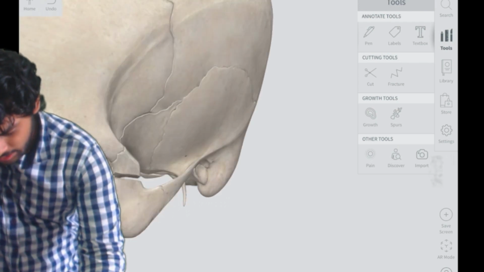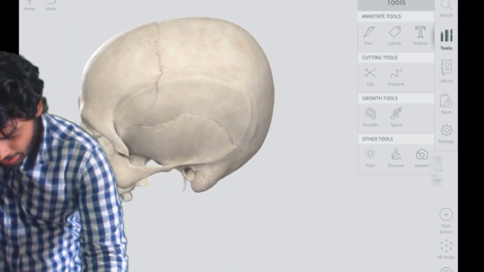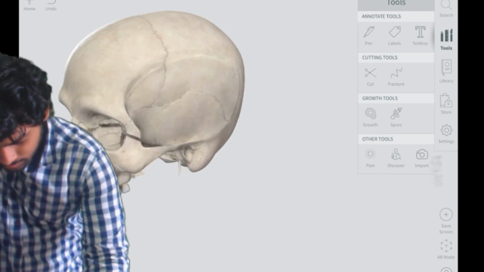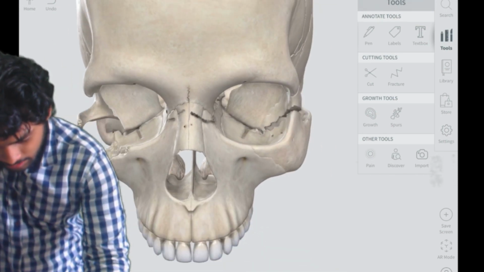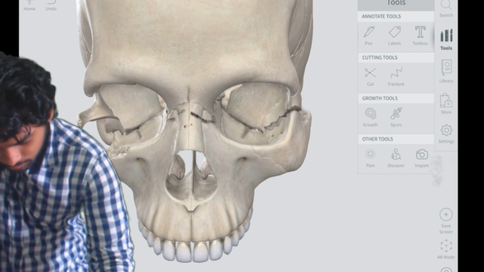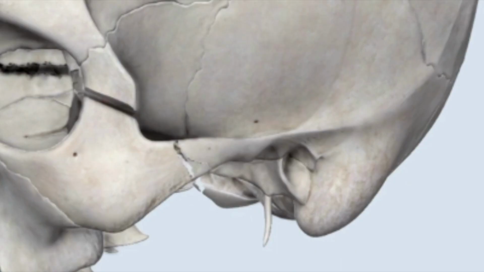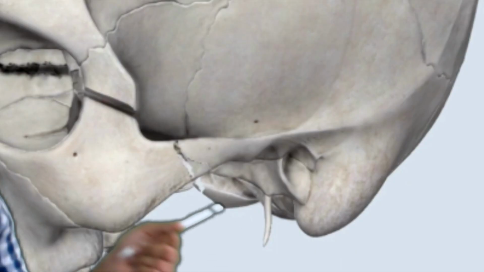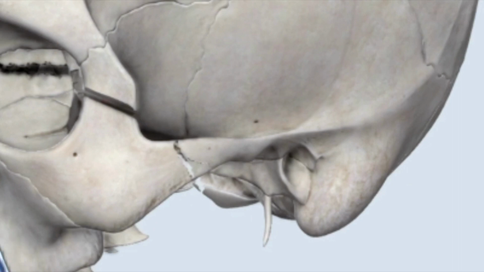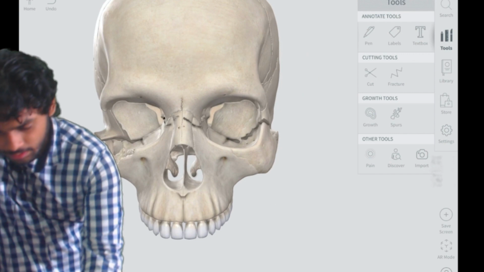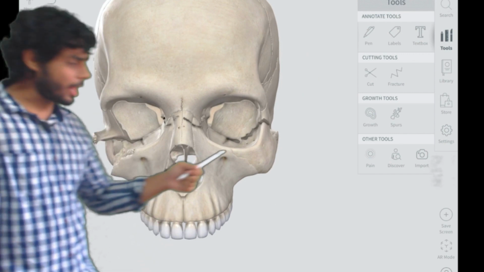And see how it is passing from here, and here there will be the break in the zygomatic process like this. Please see here. Can you see the break in the zygomatic process? Here the zygomatic process has been broken. And can you see the line of fracture is like this?